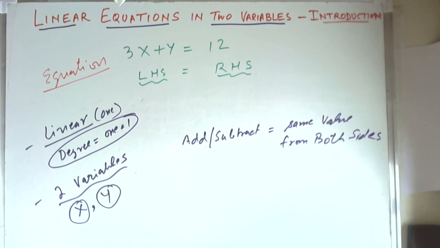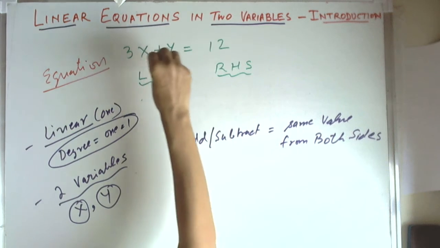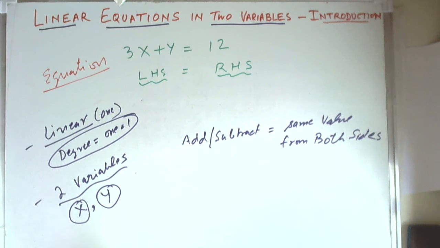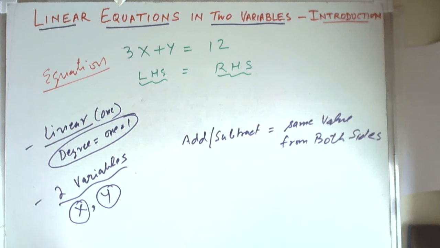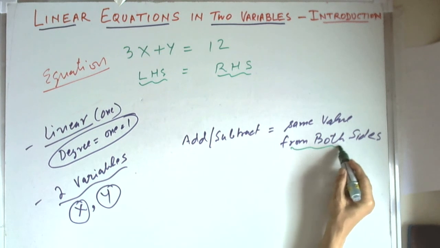So it is just like a balance. If we add 3 on this side and if we add 3 on this side, it will still remain a balanced equation. So the equation will still hold good. So we can always add or subtract the same value from both sides.